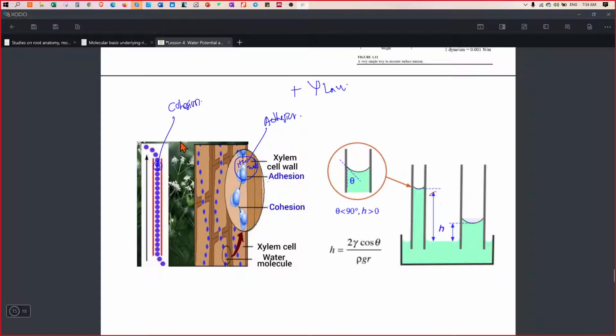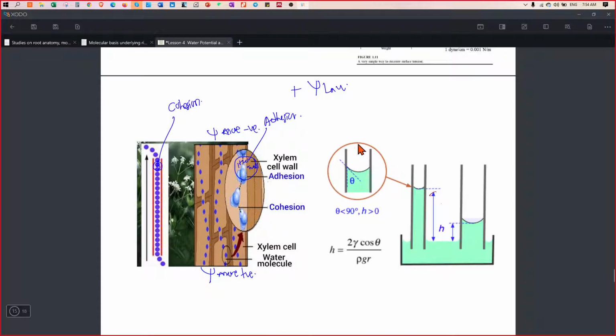Remember, at the top here, the water potential is more negative. Water potential at the bottom here is more positive.